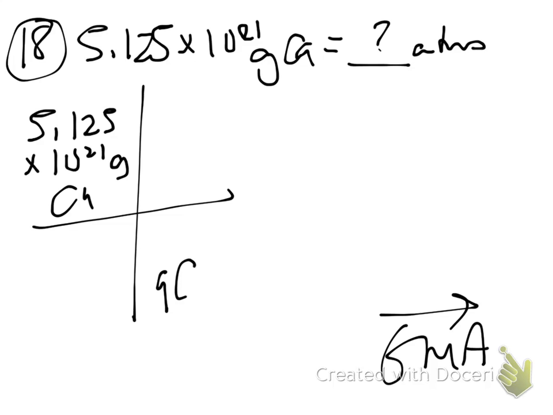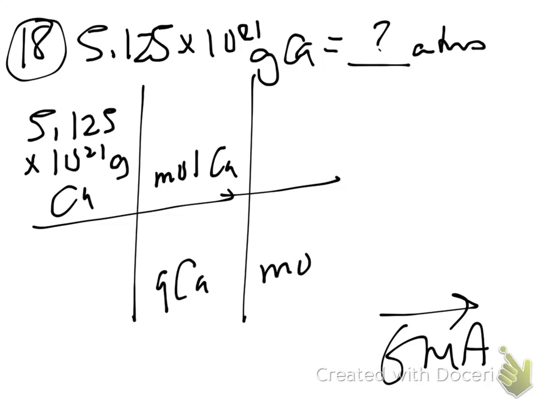We have grams of calcium here, moles of calcium there, moles of calcium here, and atoms of calcium there. We know that mole always gets a 1. Stick those in before we can do anything stupid.